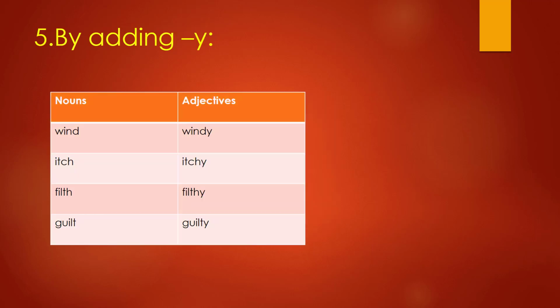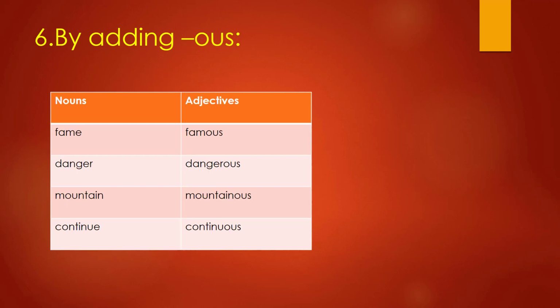Next we have y. Sometimes we add y to the nouns for making them adjectives. For wind we have windy, itch becomes itchy, filth becomes filthy, and guilt becomes guilty. The next one is us.